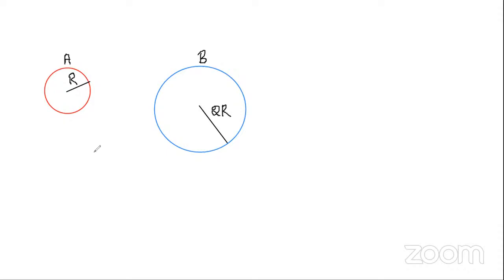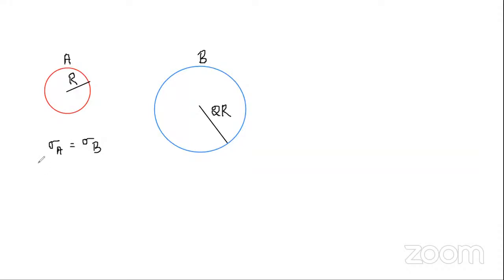Now what they have given is the surface charge densities on both the spheres are equal initially. So the surface charge density, let me consider the symbol sigma A equal to sigma B. That means surface charge density on sphere A is equal to that on sphere B. So what is the equation for the surface charge density? The equation for surface charge density is charge per unit area.